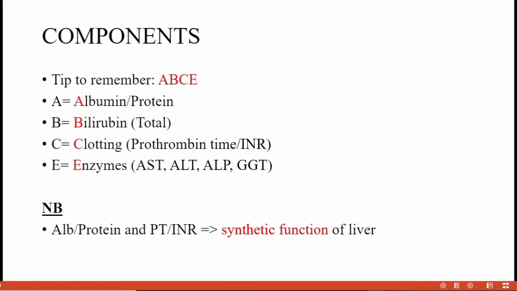So they are used in amino acid metabolism, which is key in the liver function. Then we have alanine transaminase or aminotransferase. We have alkaline phosphatase, which is used in bile production. Usually when you have biliary tract abnormalities, you will have alkaline phosphatase elevated in the blood.